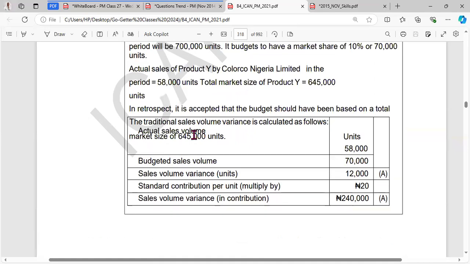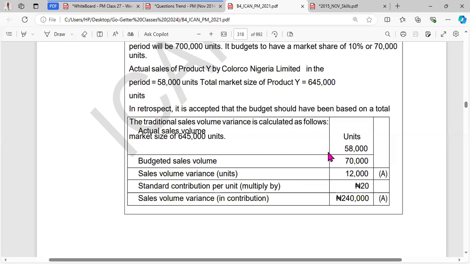The total volume, the actual market size is 645,000. That is the actual units. Now the company sold 58,000 units and they budgeted 70,000.